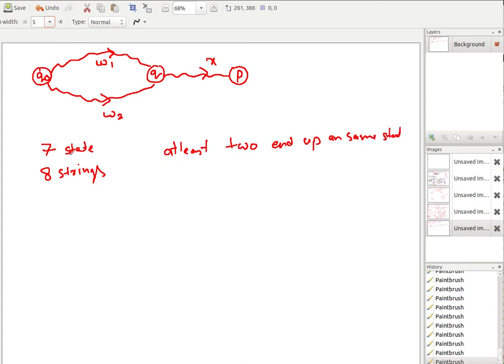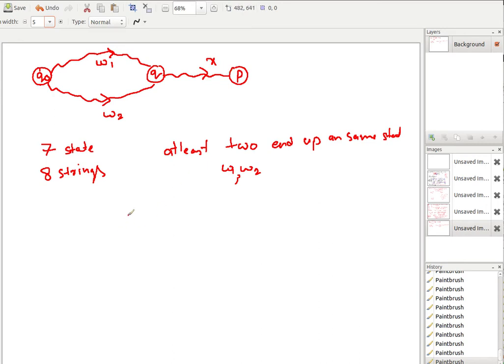So those 2 are W1 and W2. Whenever you append anything to W1 or W2, they should end up in the same state. Once you end up here after processing W1 or W2, whatever you append afterwards, they should remain together. That means it will be a single state afterwards. But here comes the contradictory part.